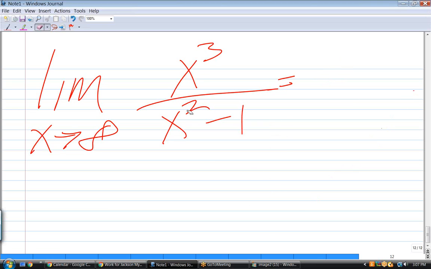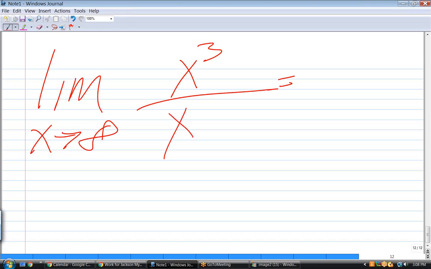If the powers are the same, just take the ratio of the coefficients. If the numerator is bigger than the denominator, the answer is infinity. If the denominator is bigger than the numerator, the answer is 0. And those are the only 3 situations you're really going to be faced with, I believe. If I had x to the third over x, clearly the numerator is blowing up.